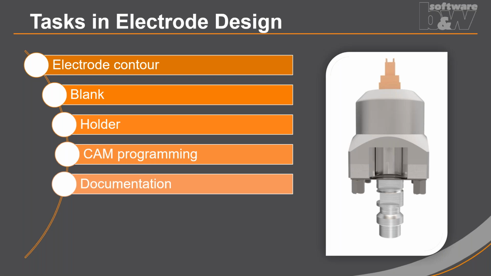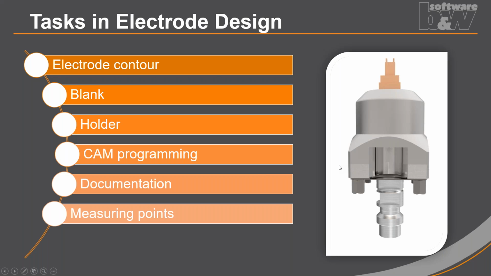Drawings as documentation of the electrode positions are still in use in many companies. So at the moment, you cannot get rid of those documentations by the means of model-based definition approaches. Maybe you also have to provide data for computer aided quality. This may be just points, or maybe a color-coded 3D model.